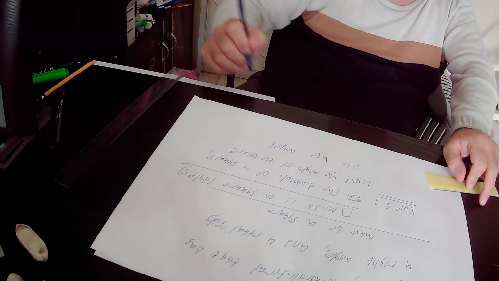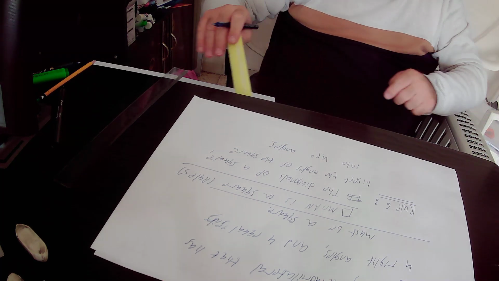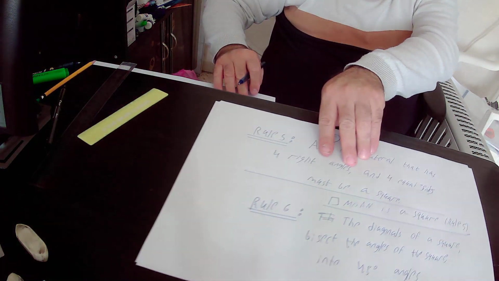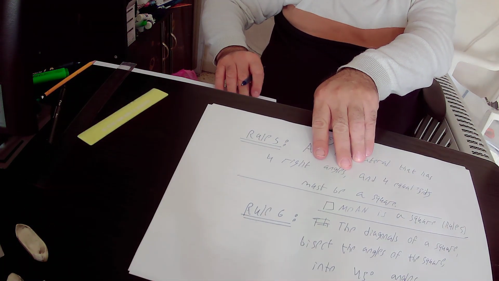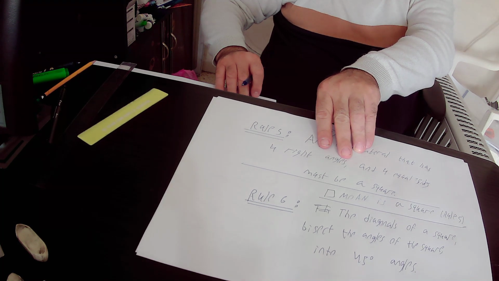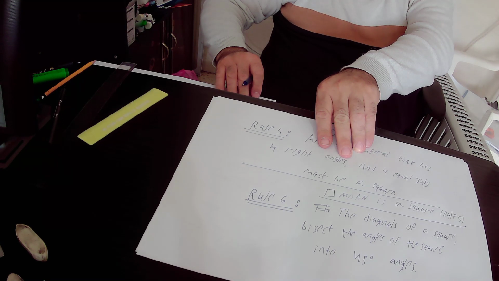I repeat rule number 6 again. According to rule number 6, the diagonals of a square bisect the angles of the square into 45 degree angles.